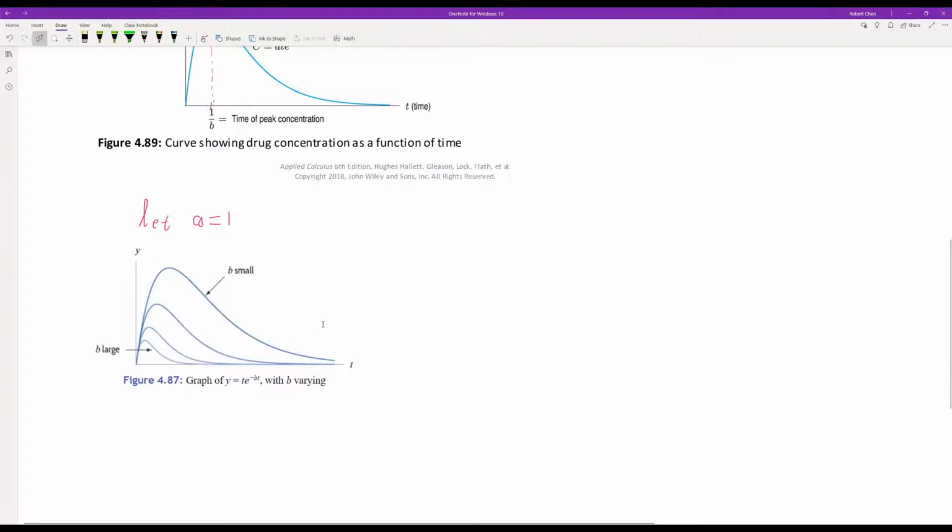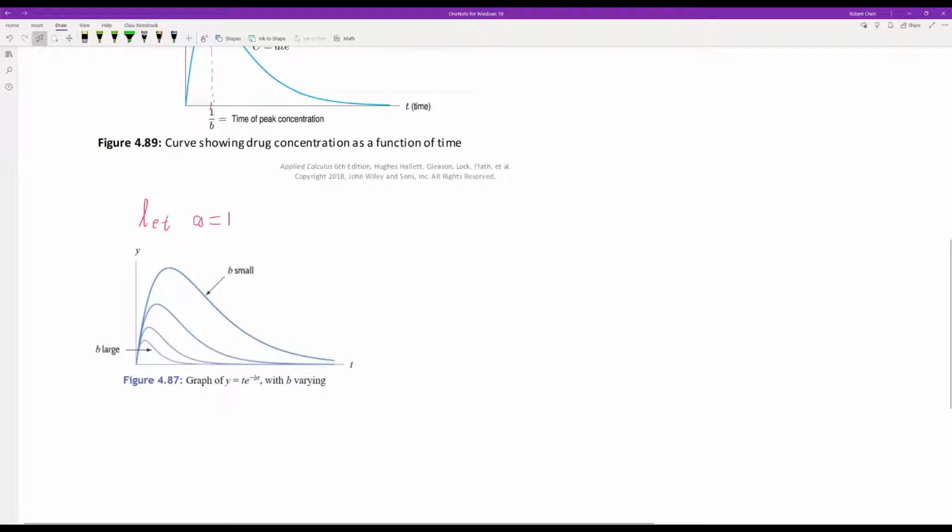But as the value of B decreases, the curve rises for a longer period of time and to a higher value. For the smallest B value, we can see that it increases for the longest time, then hits the peak and then drops down slowly. Whereas for large B values, it shoots up very fast and hits the peak also faster than the other three, and then drops down slowly.